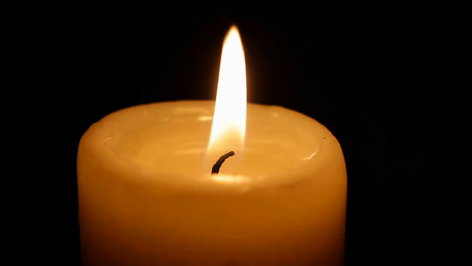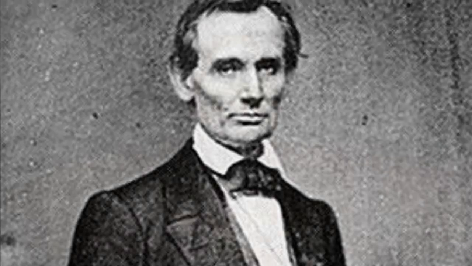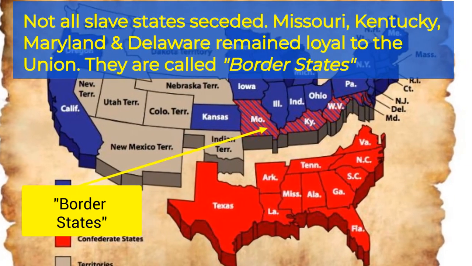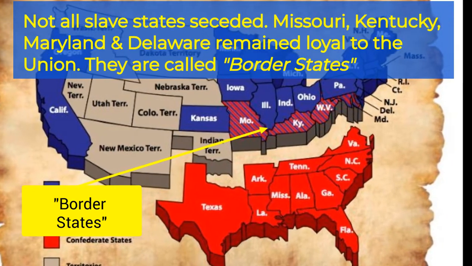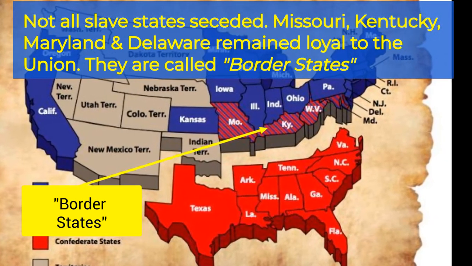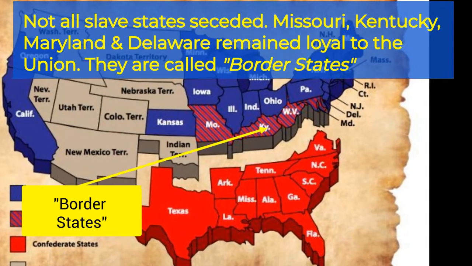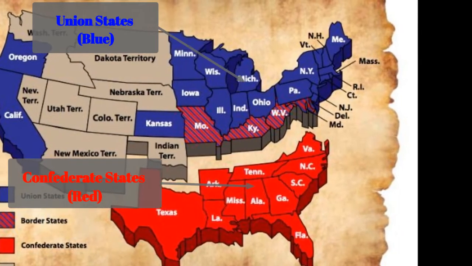The election of Abraham Lincoln was the last straw, the final insult, too much for the South to take. Following Lincoln's election, 11 Southern states had seceded or broke away from the Union, and they now called themselves the Confederate States of America, the CSA.